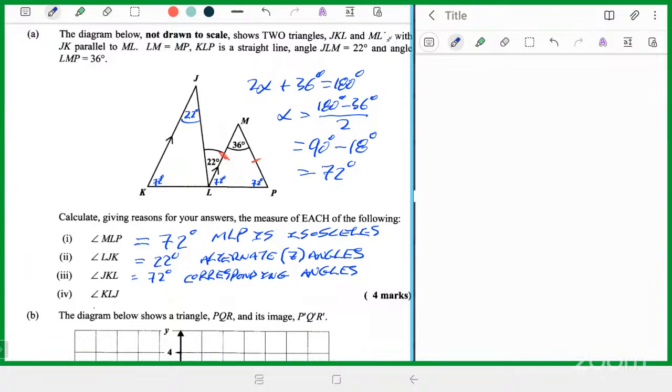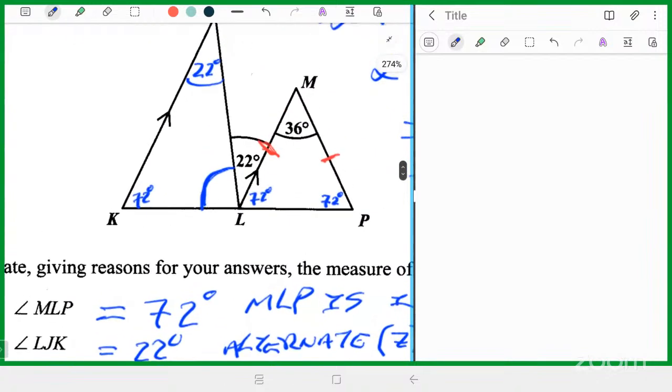And then the next angle I want now is KLG, sorry. KLG. That's this angle right here. Now this one can be found using the total angle in this triangle is 180.